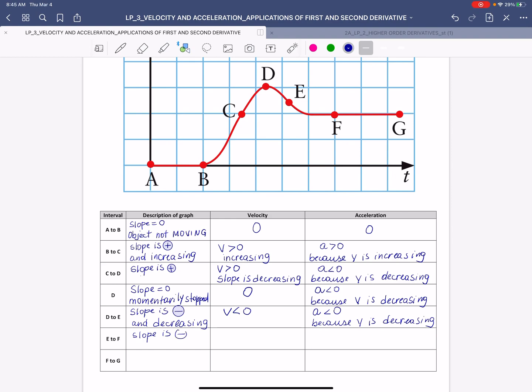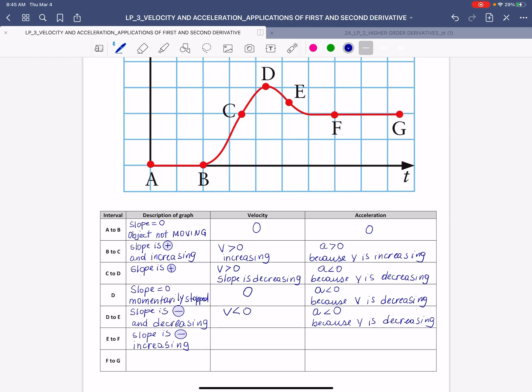Now let's take a look at the pattern on the value of the slope. So very negative, less negative, less negative until it hits point F, where it's 0, which tells us that slope is negative and increasing in the meantime. So still a negative number, but becoming less negative, and that's an increase.